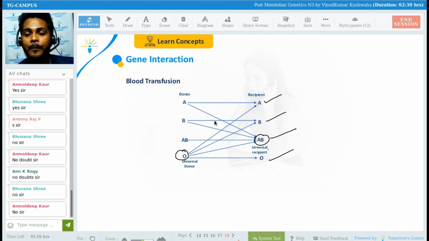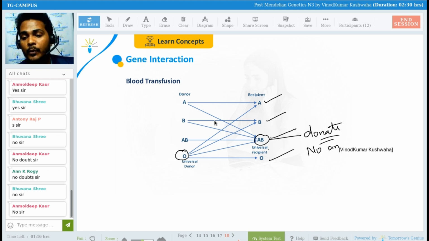AB can take blood from A, B, AB and O, but cannot donate because they have antigens but no antibodies in their plasma.